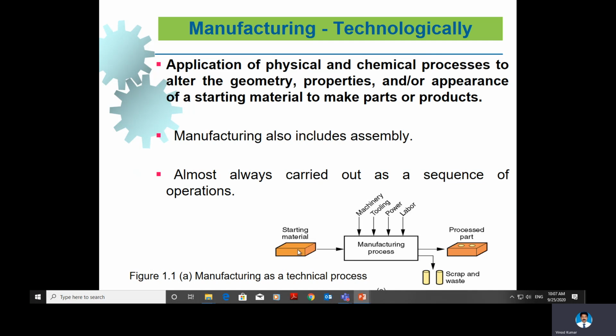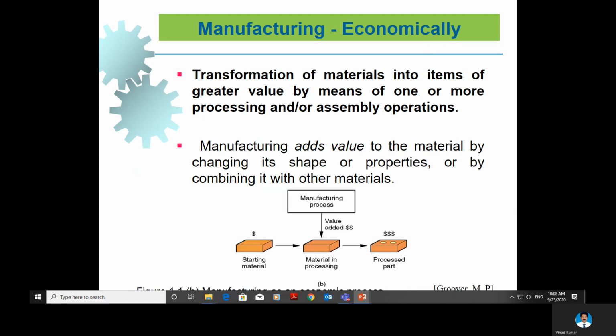So starting from the raw material till the final finished product, we get the final finished product by a manufacturing process, and there are several elements involved in a manufacturing process such as labor, power, machinery, tools, etc. Now, transformation of material into items with greater value is done by the manufacturing process.